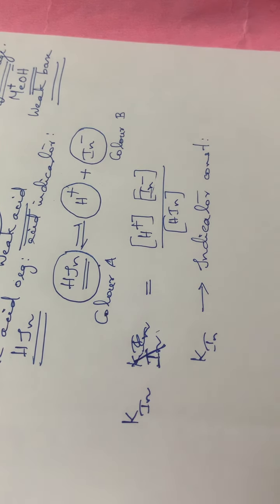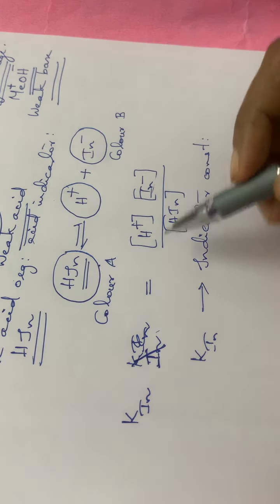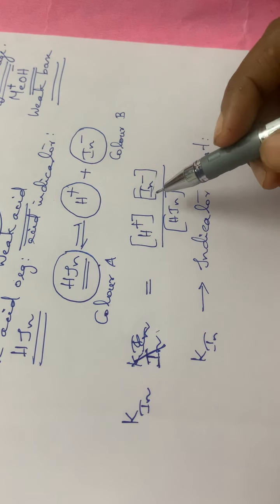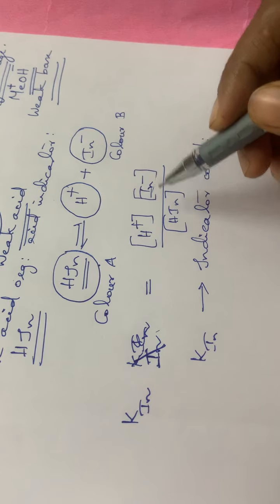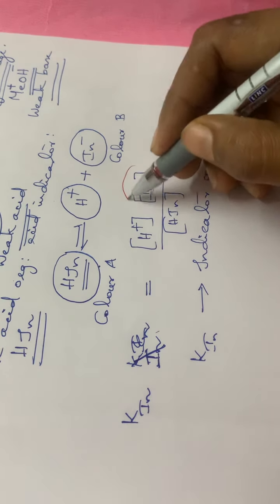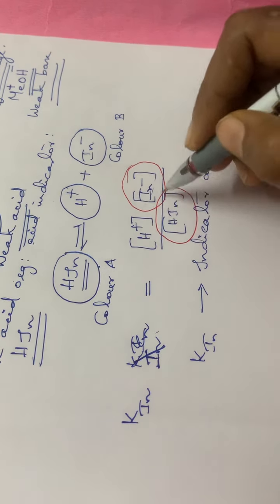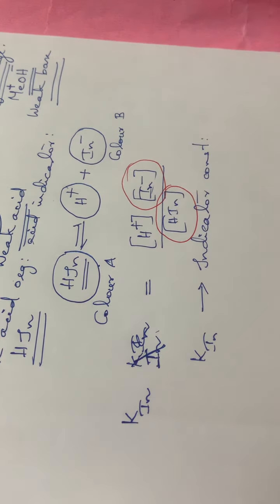So here, the concentrations of In minus and HIn will be adjusting. That means if In minus is increasing, HIn will be adjusted, isn't it, in order to keep KIn constant.